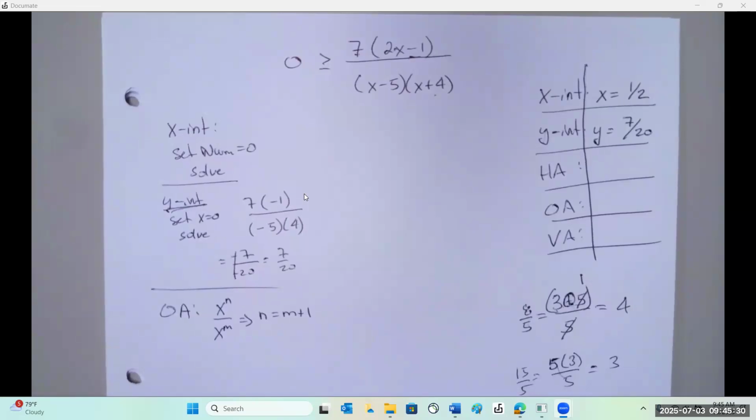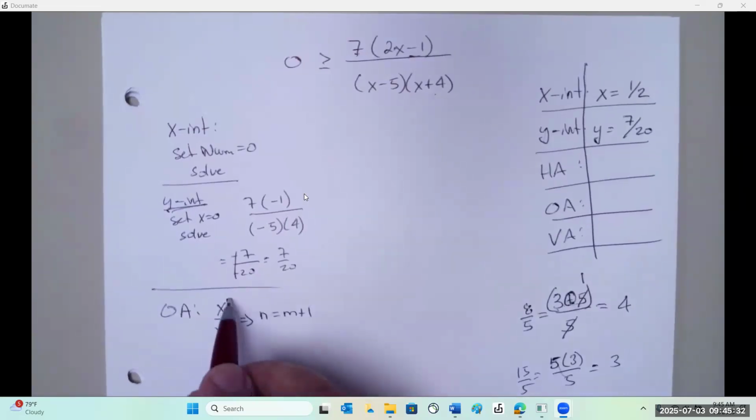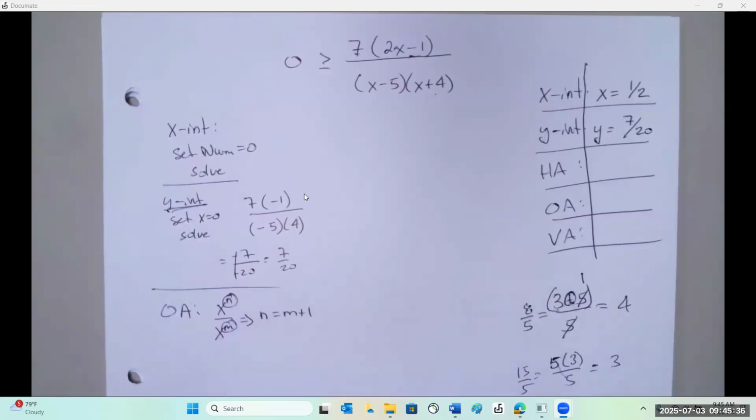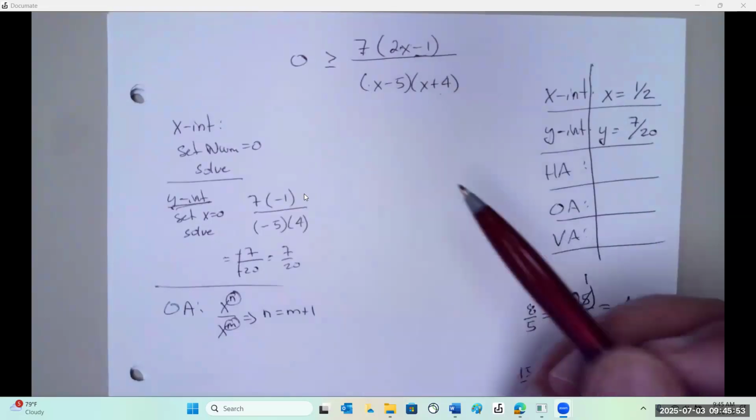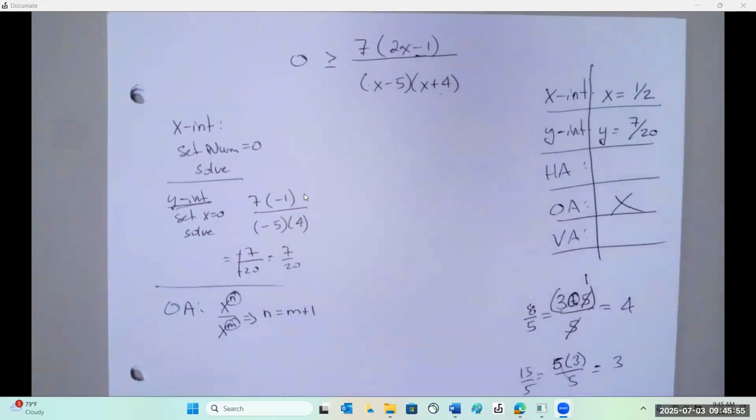What does that mean? That means if the top exponent is bigger than the bottom by 1. If there's one more x on top than the bottom, then you have an oblique. That's the only time. How many x's do we have on top? How many on the bottom? We only have 1 x there, 2 x on the bottom. So there is no oblique asymptote.